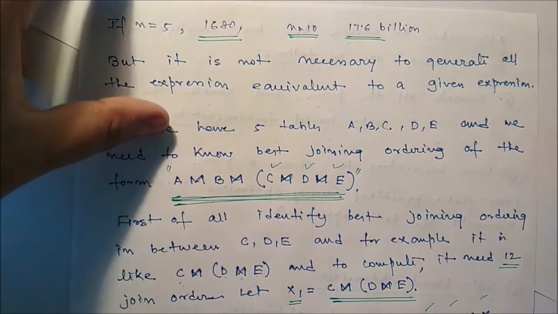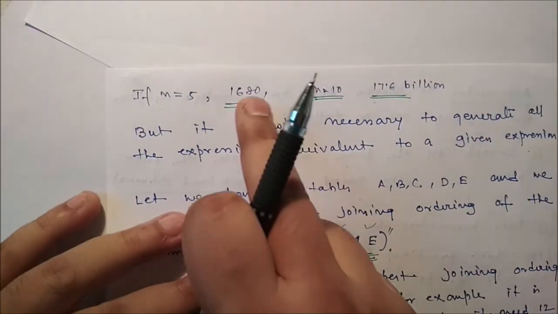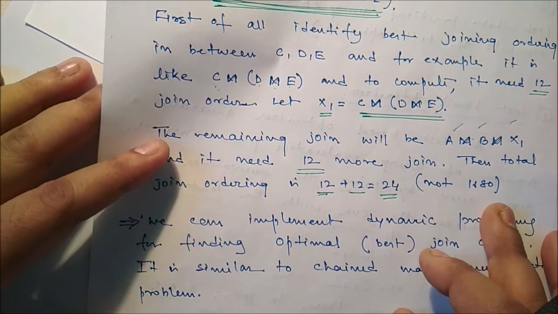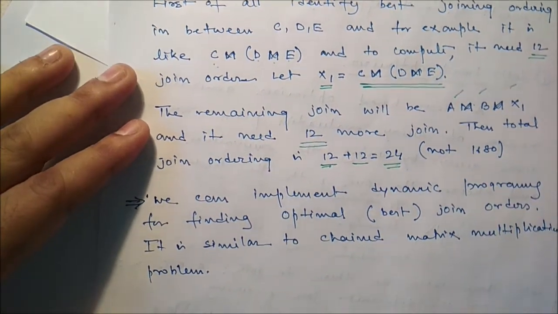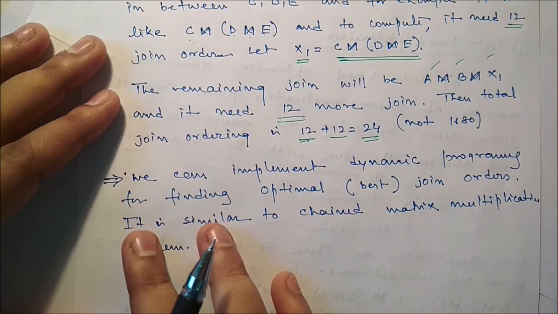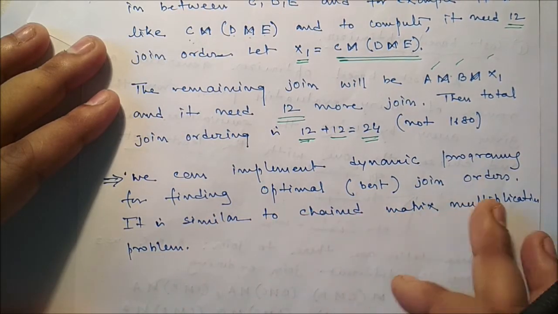It is not 1680, as we have just seen. If you apply this particular formula, the result will be 1680, but practically it needs 24, not 1680. And moreover, we can implement dynamic programming for finding the optimal or best join orders.